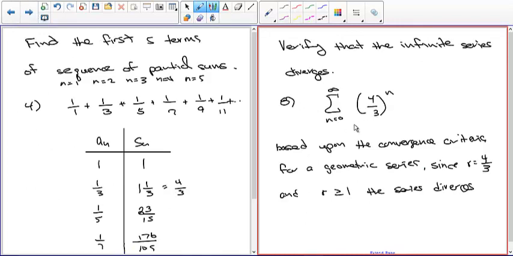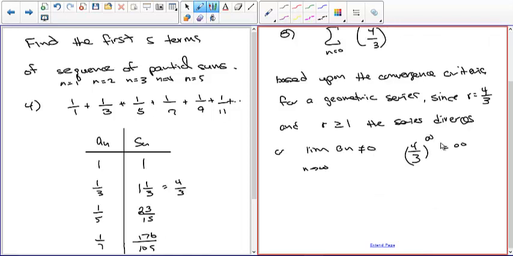If it was something that wasn't a geometric series, I can't use that rule. So that would be one way. Or you could say that the limit of a sub n as n approaches infinity does not equal 0, because you're going to have 4/3 to the infinite power, basically, which is infinity, and which is not 0.